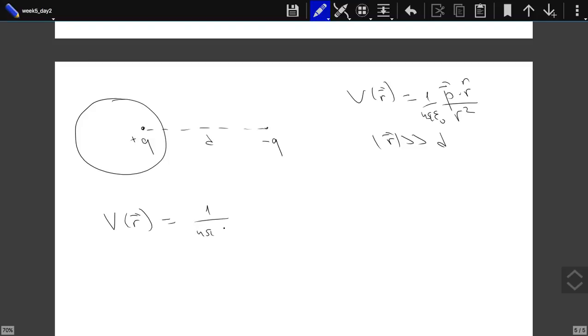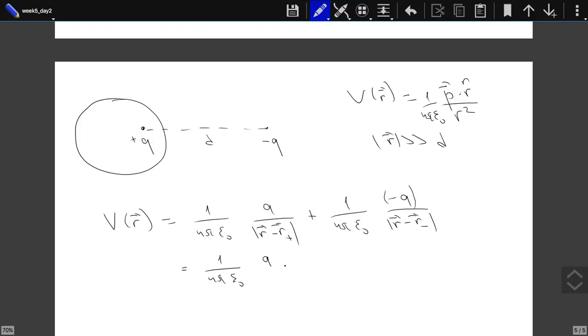Let's see, what will be the potential at the point r? It will be 1 over 4 pi epsilon 0 q over |r minus r plus| plus 1 over 4 pi epsilon 0 q over |r minus r minus|, which is 1 over 4 pi epsilon 0 q times 1 over |r minus r plus| minus 1 over |r minus r minus|.